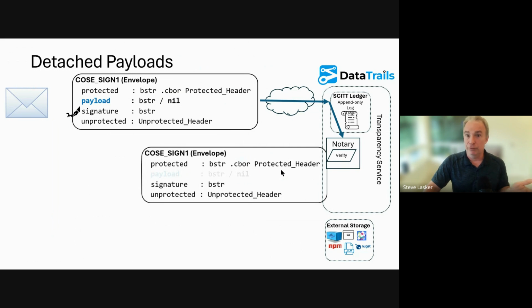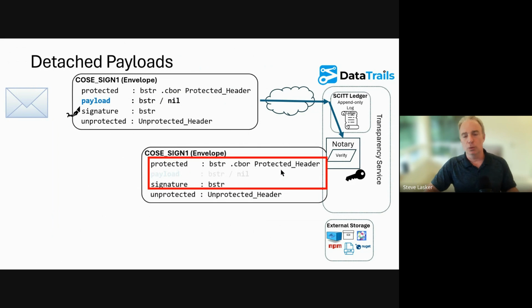You can't verify the to-be-signed bytes if they've been nulled out. We're missing that piece of it. So the way Cozy defines this is that you can null it out, pass it around, but you need to reconstruct it if you want to actually verify it. So at this point, this verification is going to fail because it's nil.